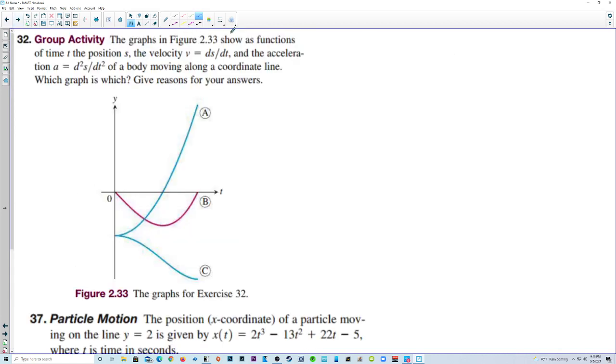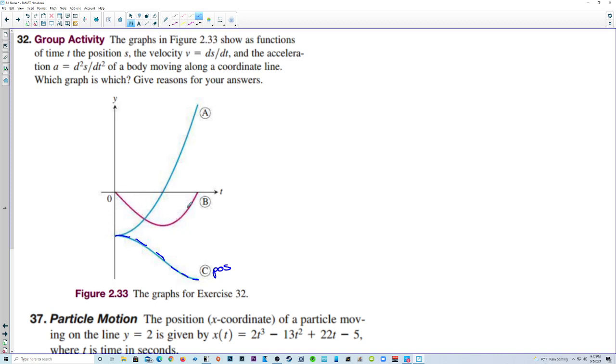The graphs in figure 2.33 show as functions of time t the position s, the velocity v equals ds/dt, and the acceleration a equals the second derivative of s of a body moving along a coordinate line. Which graph is which? Give reasons for your answer. Well, this is the position function, and we see that the slopes are always negative.